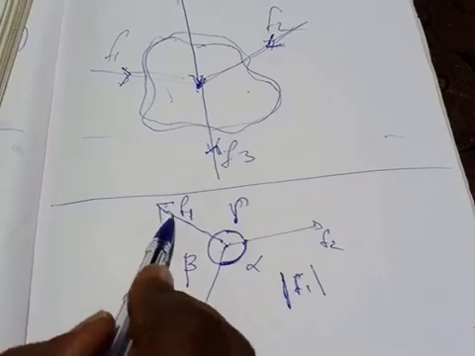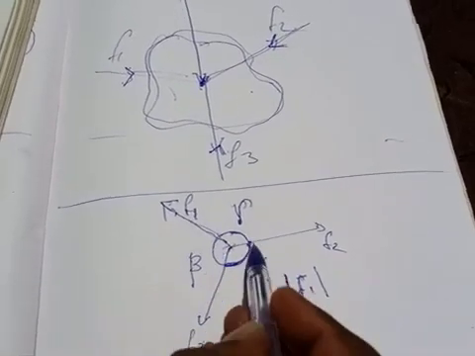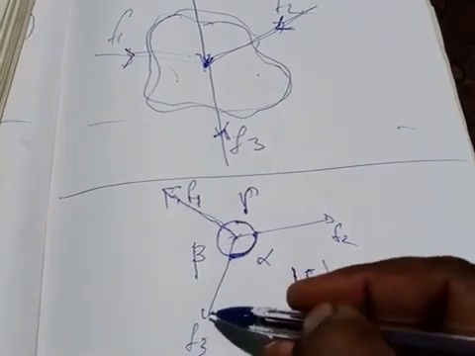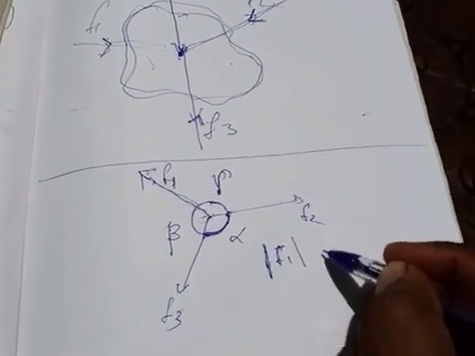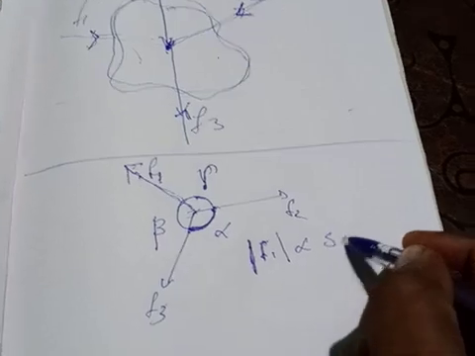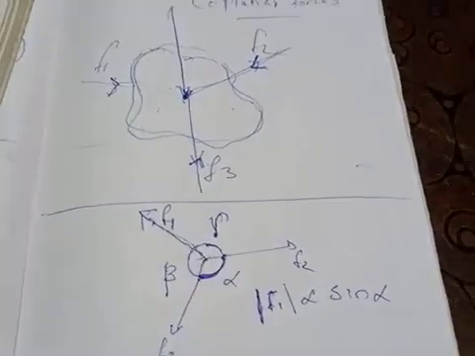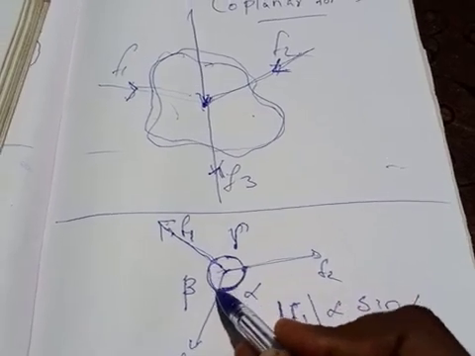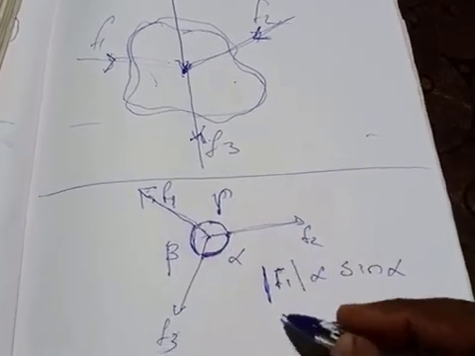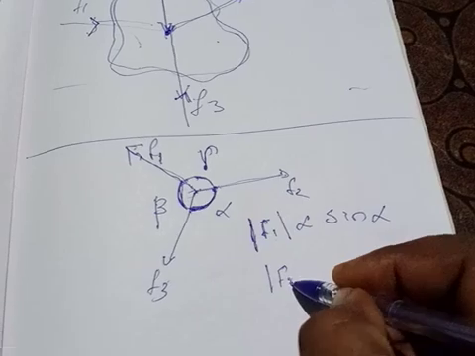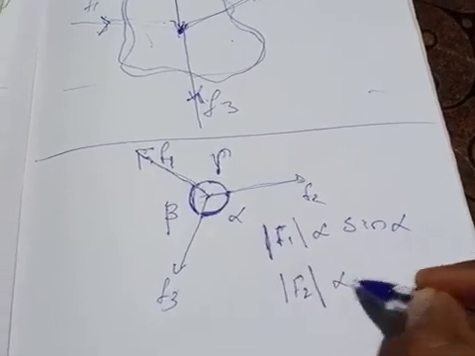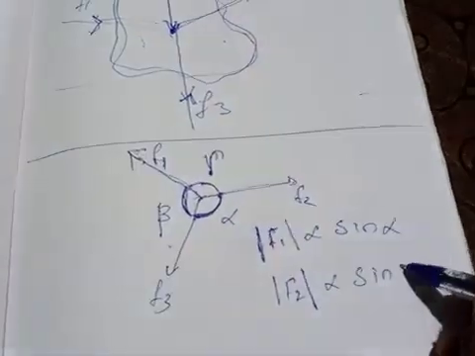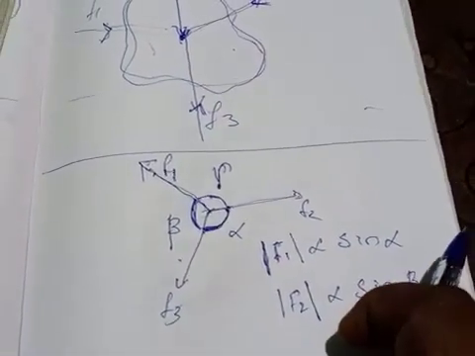If you are taking F1, the opposite angle is alpha, so it is proportional to sine alpha. If you are taking F2, the opposite angle is beta. So the magnitude of F2 is proportional to the sine of the angle between the other two forces. That is Lami's theorem.